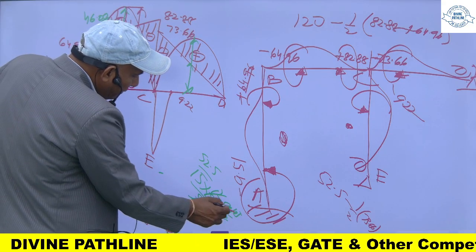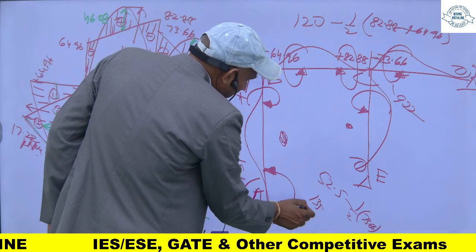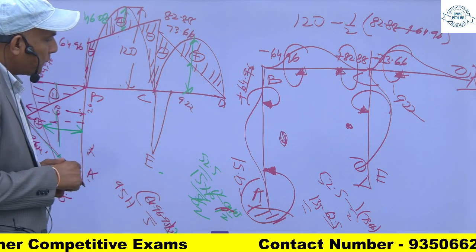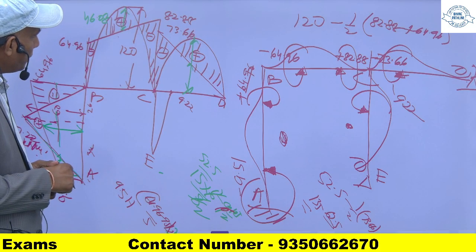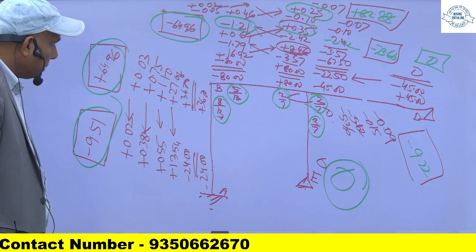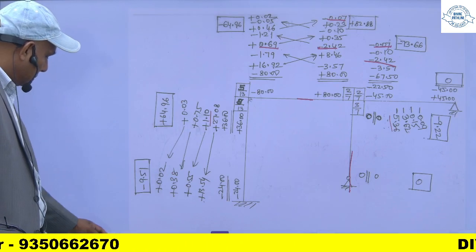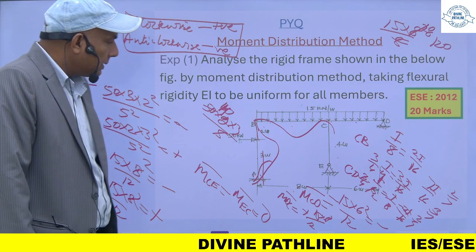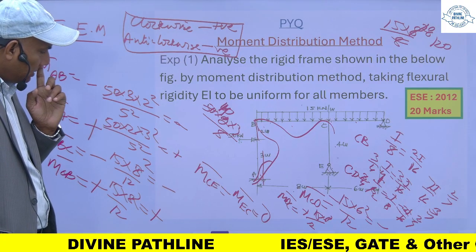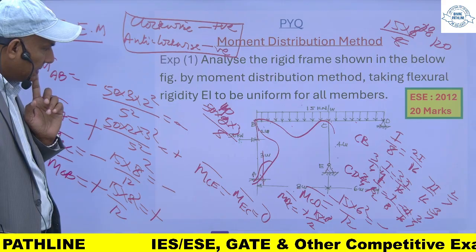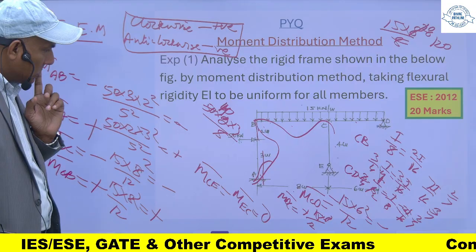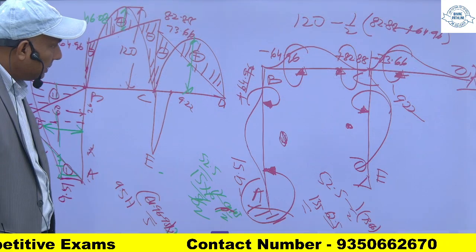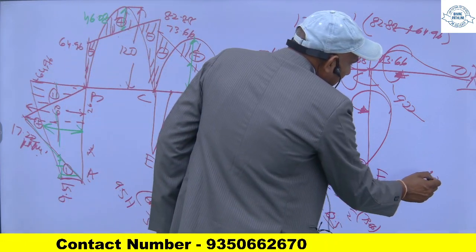Oh, it is 135. 135 by 2 means 67.5 you will get. 15 into 6 square by 8.